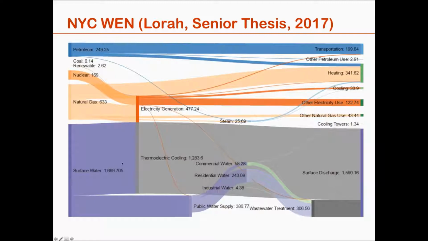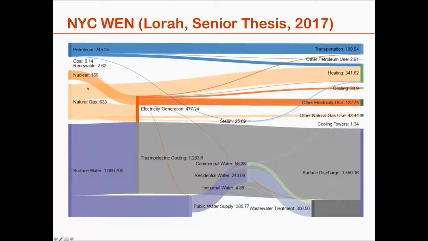This is water that we don't treat. We just pump it out of the river, cool the power plant with it, and then dump it back into the river. But you see that the water use associated with energy production is extremely high. Thermoelectric cooling of power plants is the biggest water use for energy.